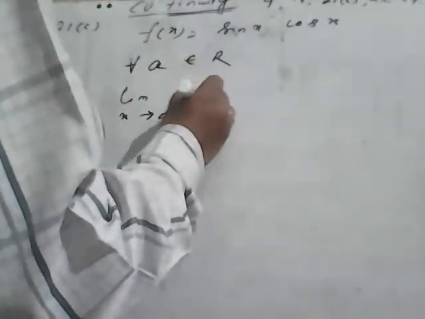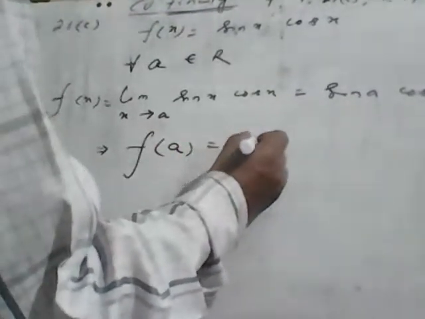Limit x approaches A of sin x into cos x. Then this result is coming sin A into cos A product. Sin A is defined for every real value of A, also a real number. So the result is defined finitely.